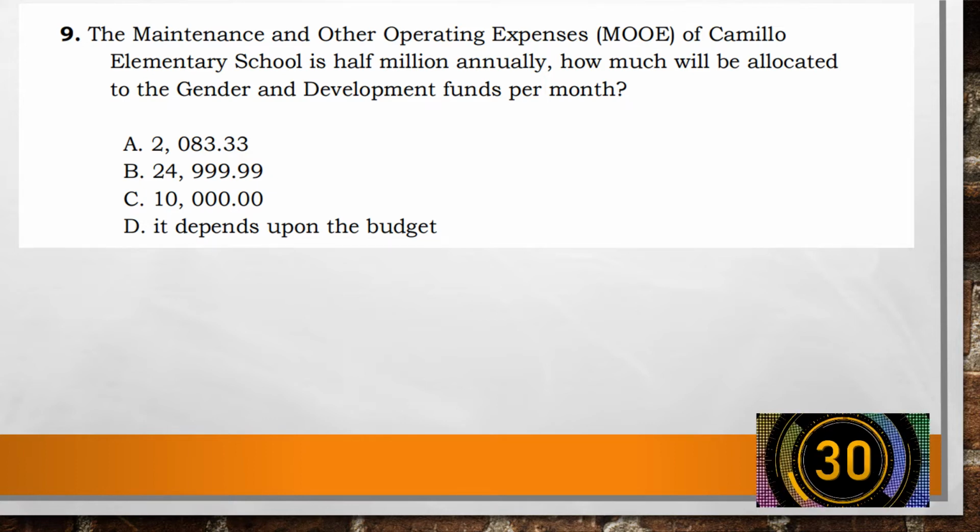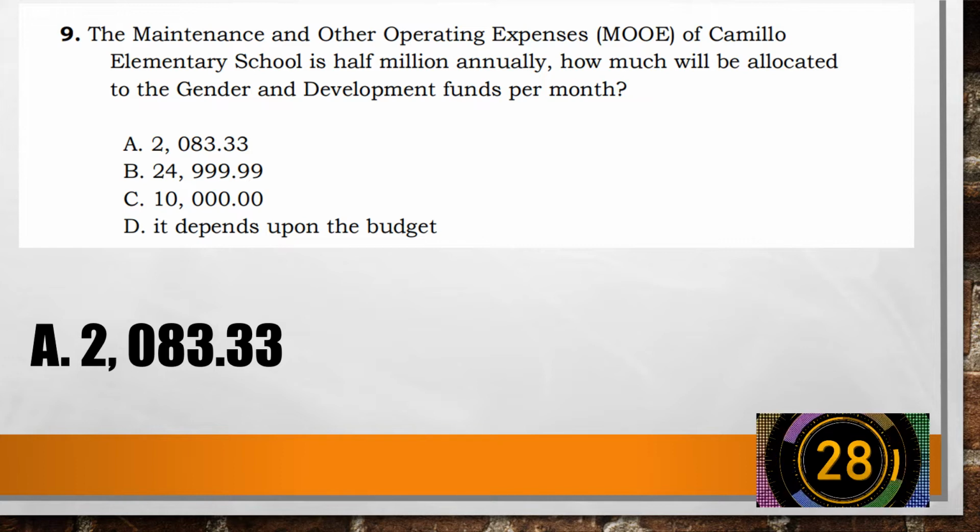And the correct answer is letter A, 2,083.33. So we have here the Gender and Development Funds. The allocation of Gender and Development is 5% of the annual MOE. So 5% of the 500,000 is 24,999.99 annually.